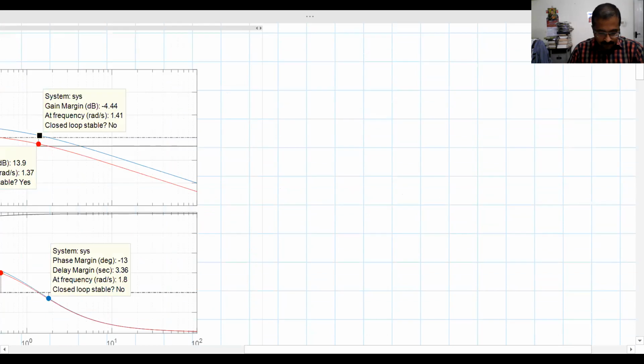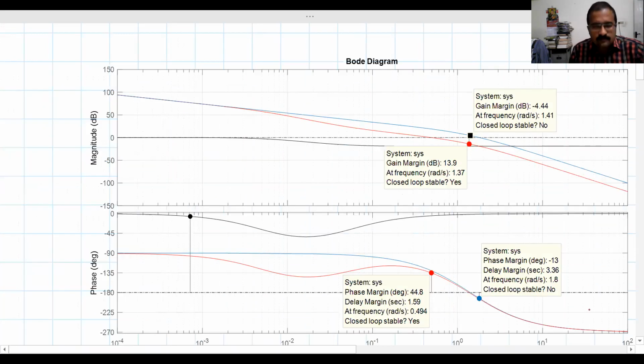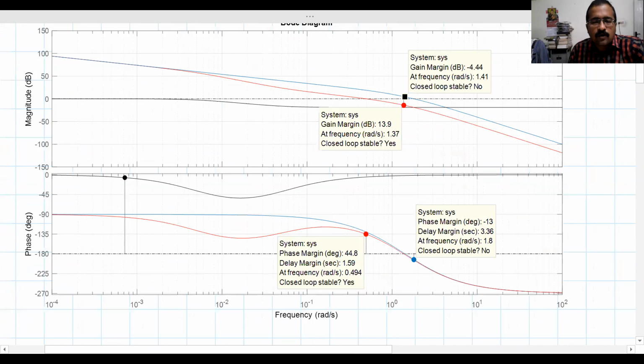This is the MATLAB plot. You can see here three colored plots. The blue one is the open loop plant, meaning with K designed for the given steady state error requirement, 5 divided by S into S plus 1 into 0.5 S plus 1.